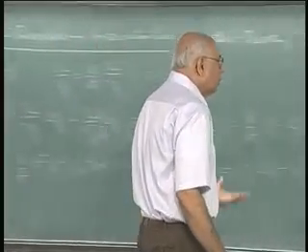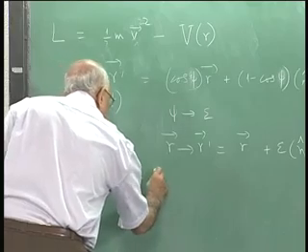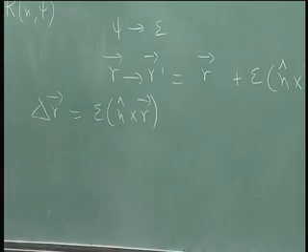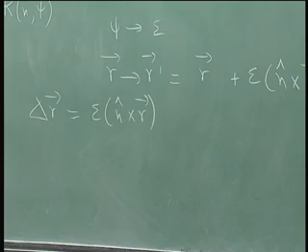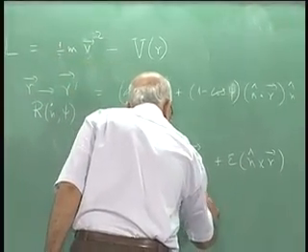So in this case we know what the change in coordinates is. We know that delta r is equal to epsilon n cross r. Therefore what happens to L?